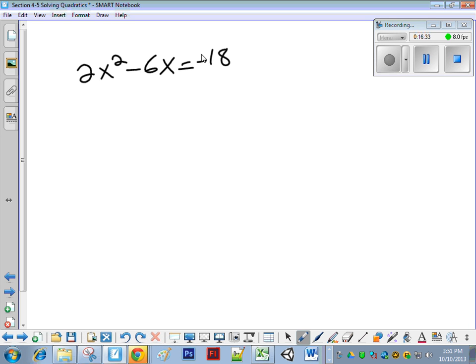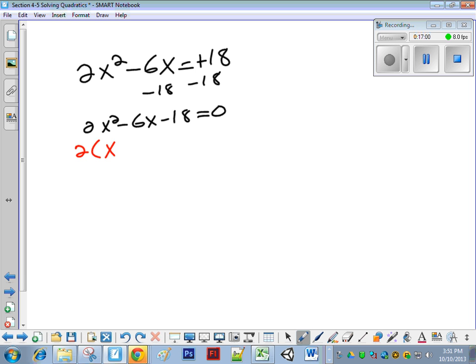So when I do this, the first step is to get one side equal to 0. So I'm going to subtract 18 from both sides. I'll rewrite it as 2x squared minus 6x minus 18 equals 0. Now in factoring completely, the first thing we do is divide by 2, because I see 2, 6, and 18.